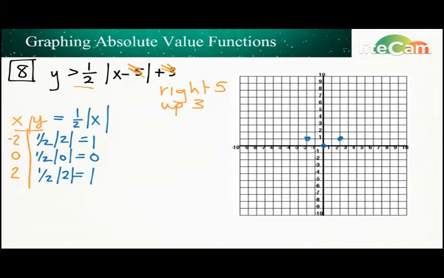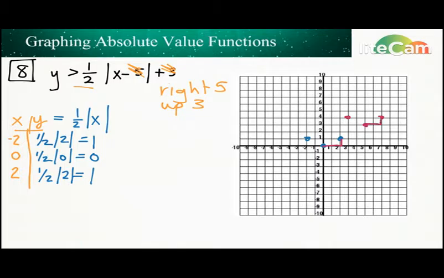So right 5 up 3 would be right here. I'll be honest, when I do this, I do all of them right 5 up 3, but I also look to see, look, this is right 2 up 1.